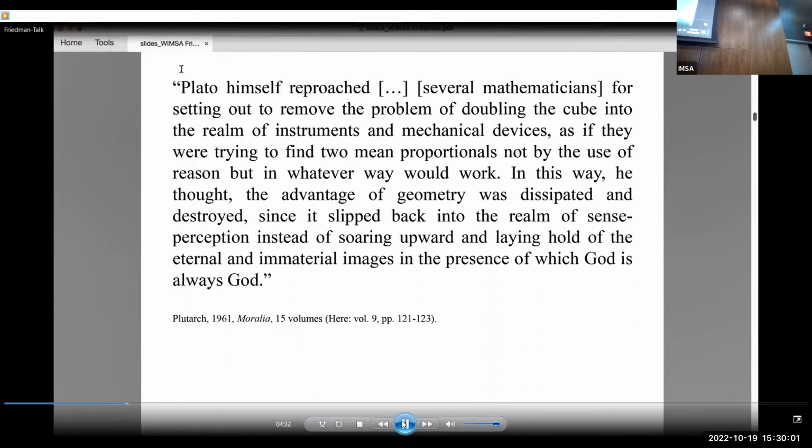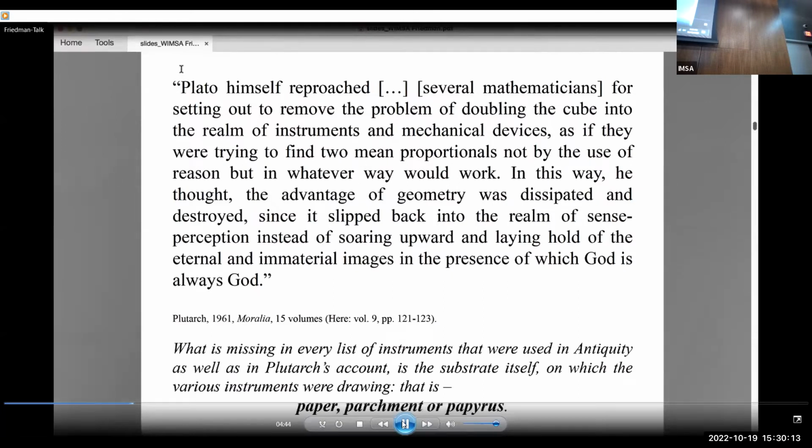it is essential to note another aspect, an aspect which is not at all present in the citation. What is missing in every list of instruments that were used, and could be as relevant to their account, is the substrate itself on which the various instruments, including the straight edge and the compass, were drawing, that is, paper, parchment, or papyrus.